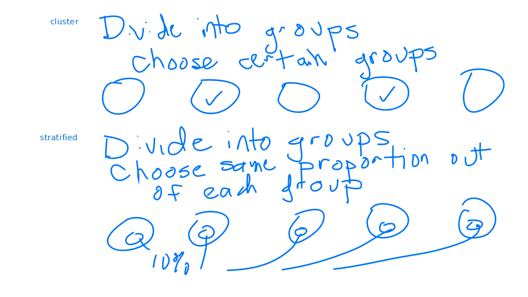So for stratified, you pick a little bit out of each group. It has to be the same percent. A proportion is the same as percentage. Or for cluster, you just pick the whole group. So they're a little bit different. And then systematic would be where you choose every nth, say every second person or every fourth person.